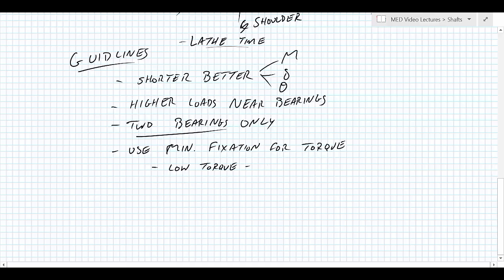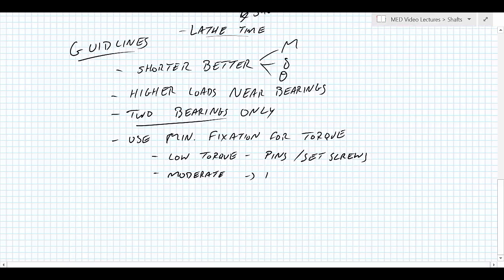You can use things like pins or set screws. If you're more moderate torque, then you can use keyways and keys, which means you're going to use an end mill and basically create a groove in your shaft at a particular location, and insert a metal key into both the component and the shaft.